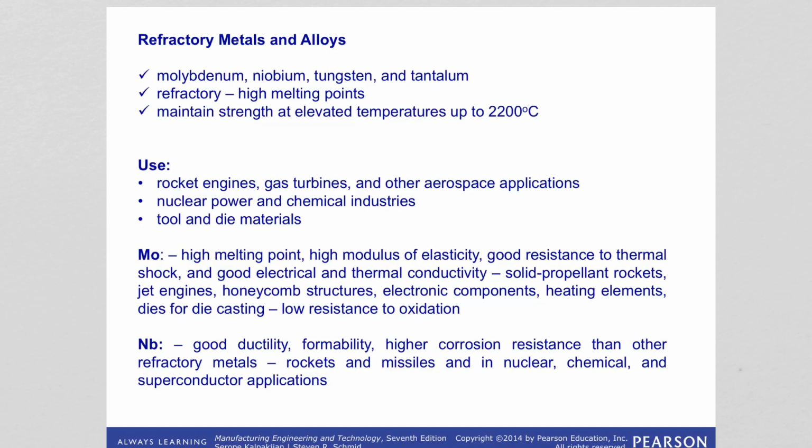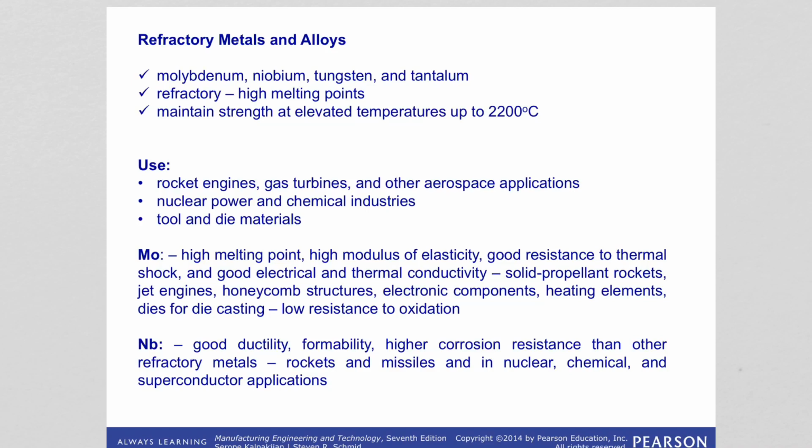These have high melting points, and they can maintain their strength at very high temperatures, up to 2200 degrees C. Therefore, they are used in rocket engines, gas turbines, other aerospace applications, nuclear power plants, chemical industries, tool and die materials.